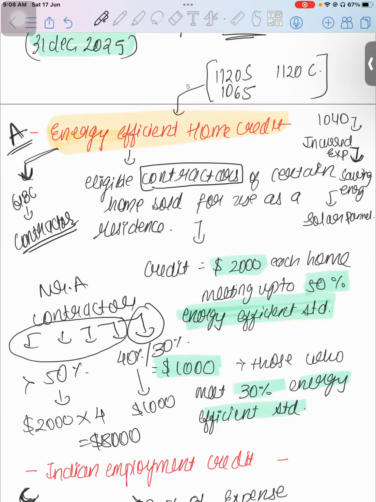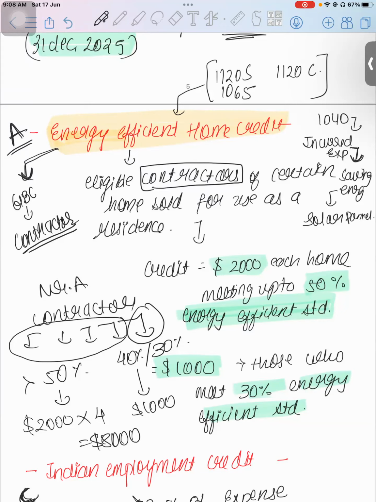Just one example I have in mind is solar panels, if they are using them to generate electricity for the whole house. Whatever solar panel expense they have incurred, let's say 1 lakh, in installing the whole solar panel, they can take the whole 1 lakh as a credit.